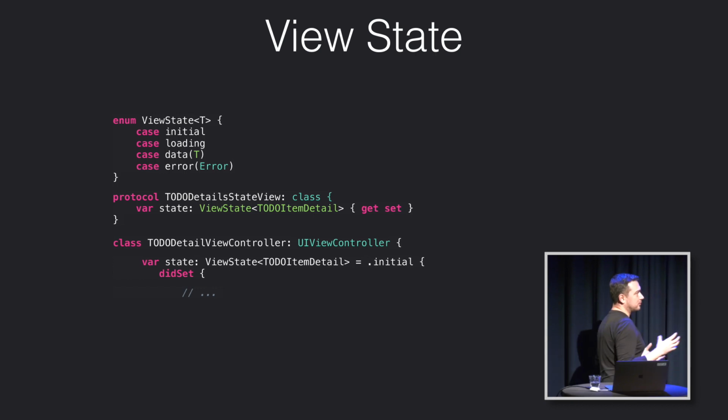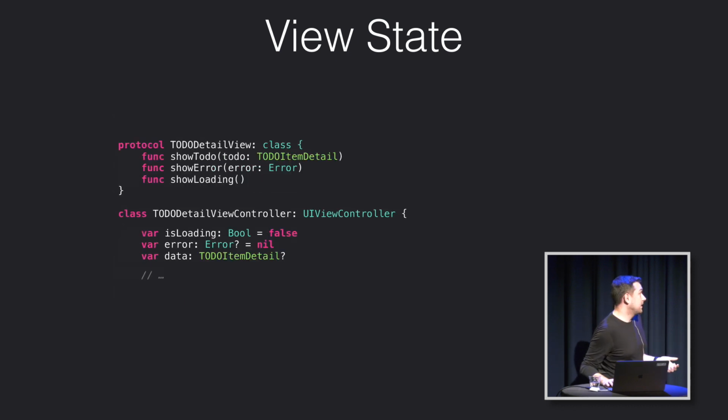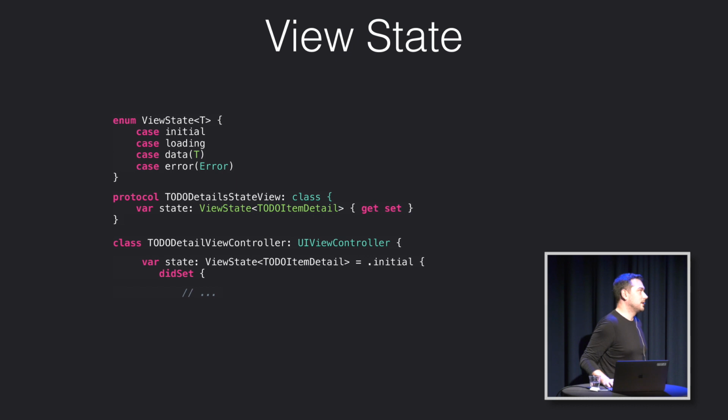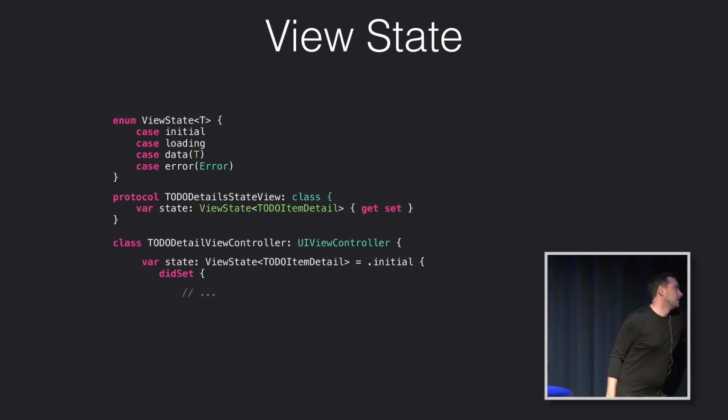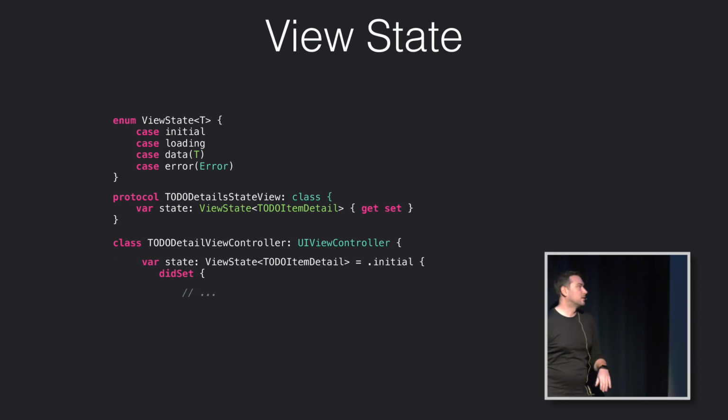If you think about the protocol to represent this, it doesn't have three things like this, but it has just one thing. You basically just need one variable called viewState with a given data type. And when you want to set your state, you just implement it on your view controller, and you handle these changes in your didSet.